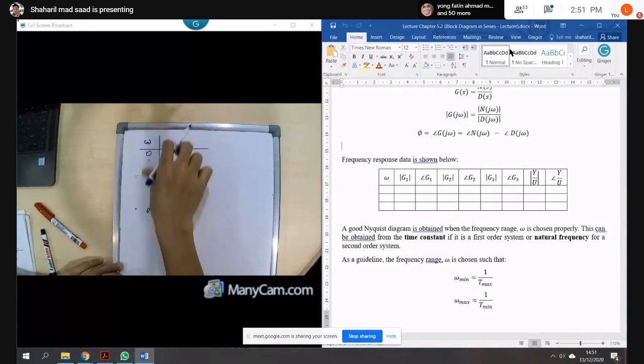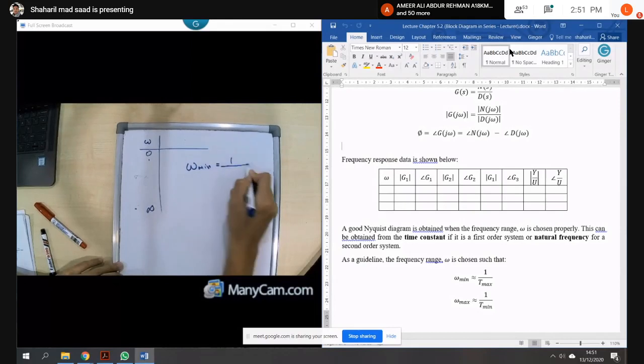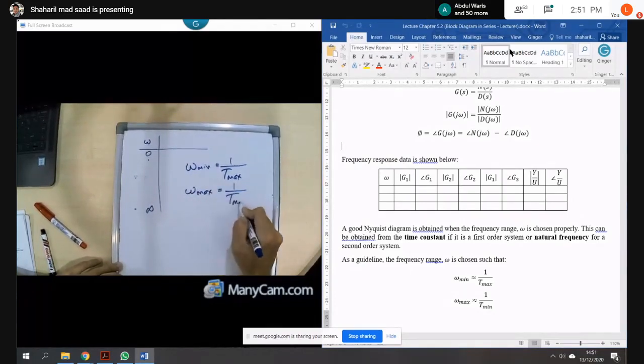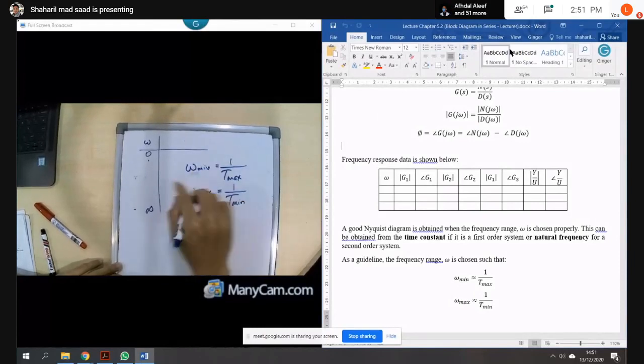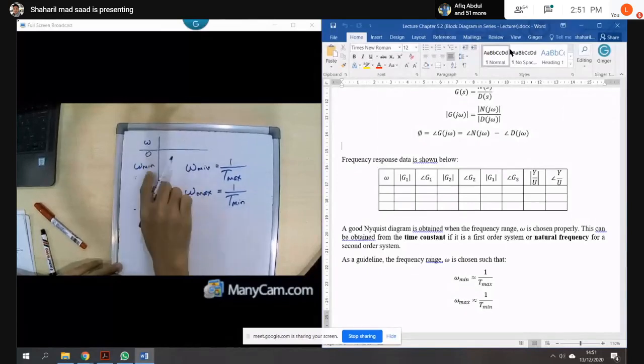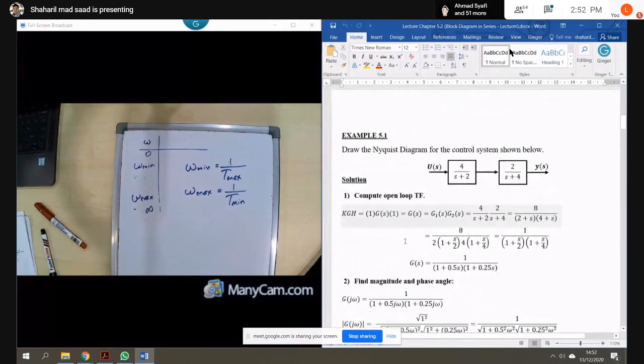There is one guideline you can use: omega min is equal to 1 over time constant T max, and omega max is equal to 1 over T min. This shows what values you can choose for the frequency, omega min and omega max. Good, this is a very interesting part.